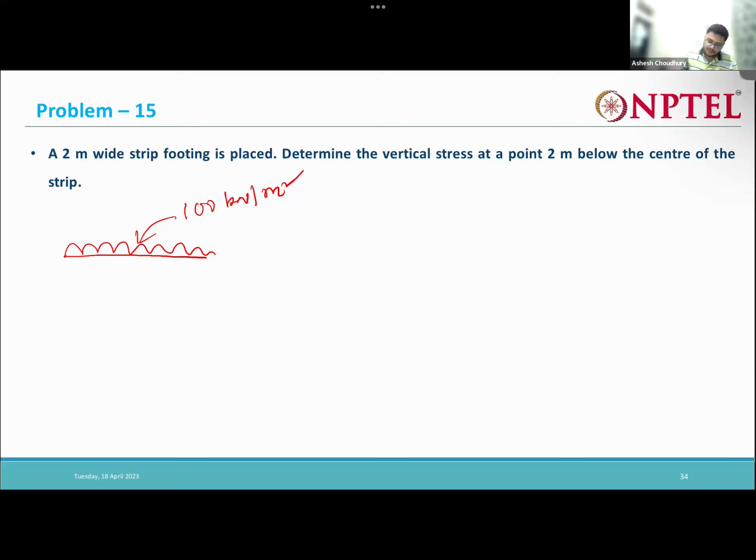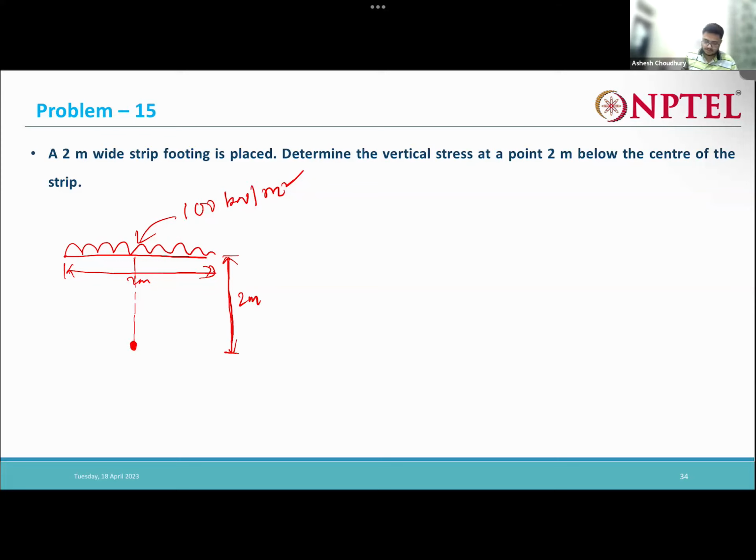Now what we need to do is determine the vertical stress at a point 2 meter below the center of the strip. So this is 2 meter wide. At a point 2 meter below the center of the strip, say here, this one is 2 meter.